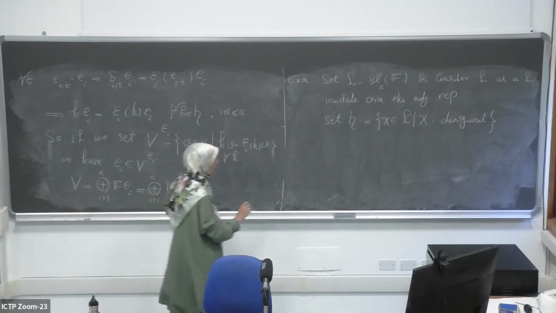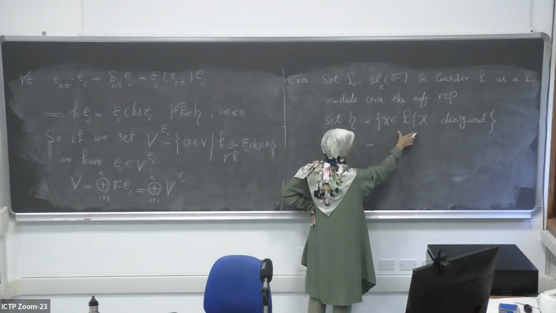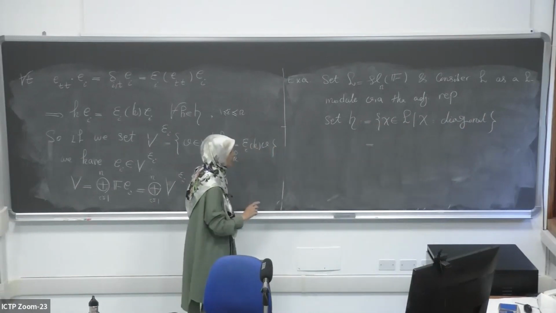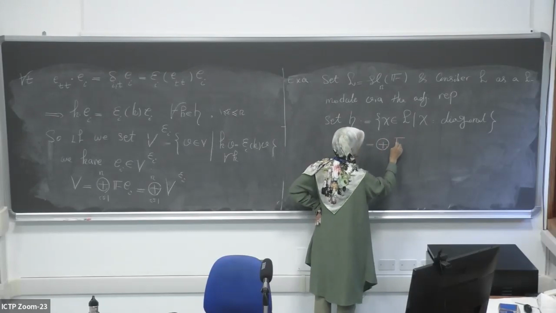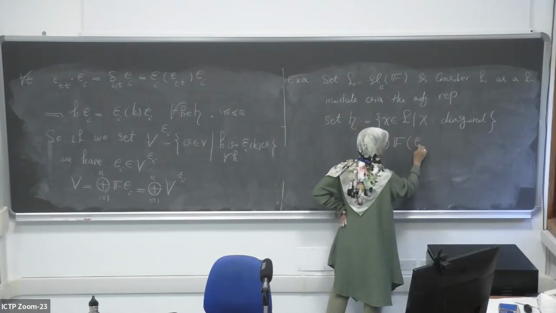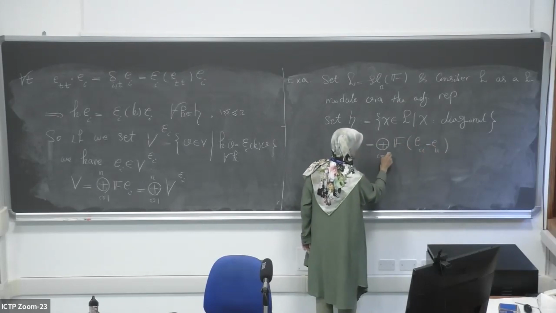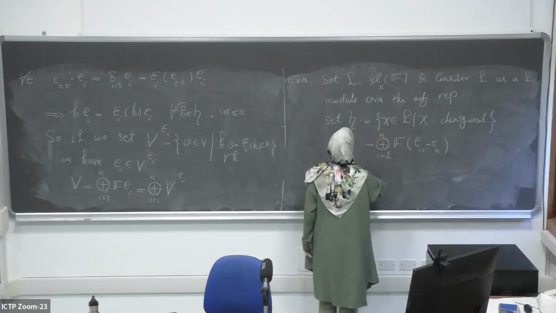And then I can make a basis for these elements. In fact, they are a direct sum of F(E_ii minus E_11), i between 2 up to n.